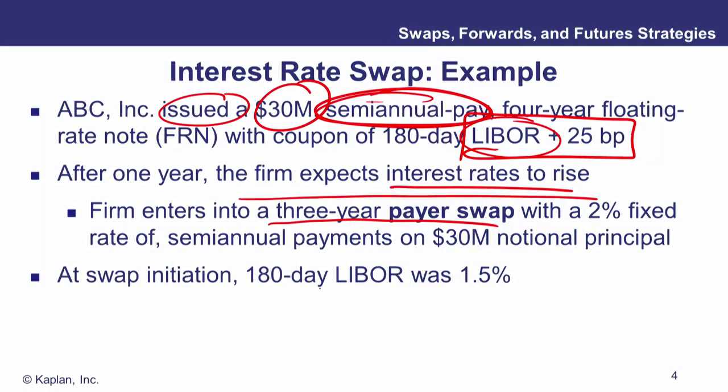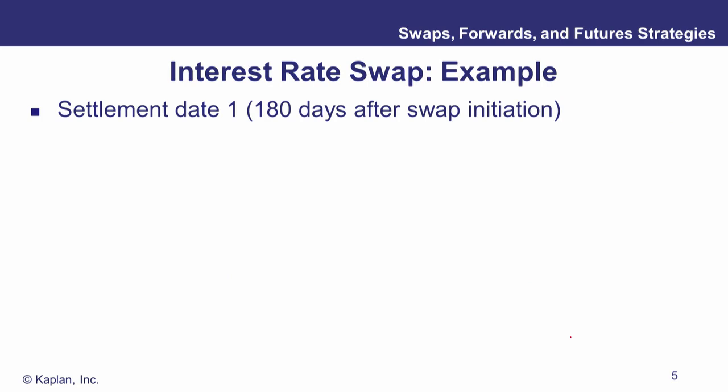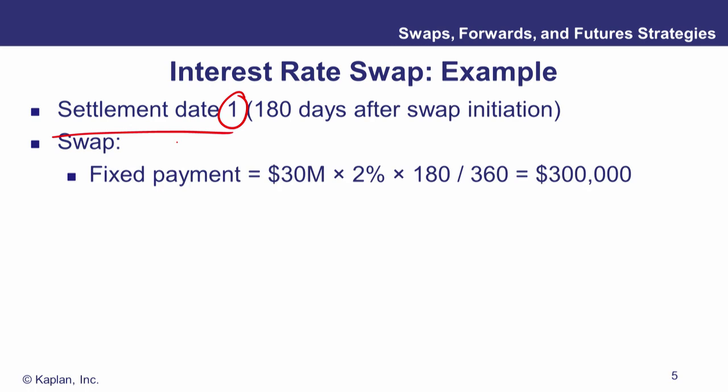All right, but in more detail, let's say at swap initiation, 180-day LIBOR was 1.5%. So that's like your L0. Right now, that will be used for the floating leg at the end of the first period. That means at settlement date 1, time 1 if you like, 180 days after the swap initiation, the fixed payment under the swap is notional principal times 2%, that's the fixed leg, and then de-annualized, so that's 300,000, okay?